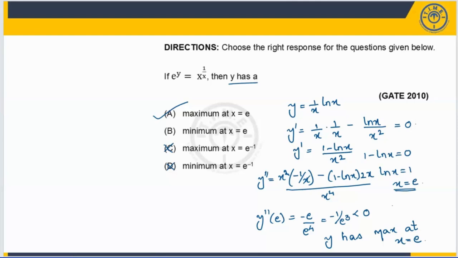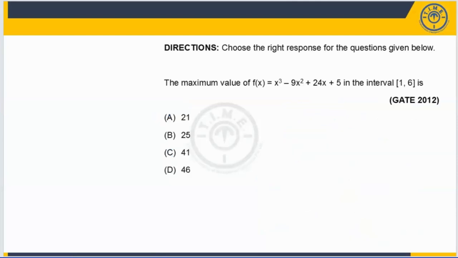Right? And in the same way, here is one more question which was asked in 2012. So here the interval is given. So we are supposed to check both the global, that means we have to find the stationary points. What is f dash? That is 3x square minus 18x plus 24.